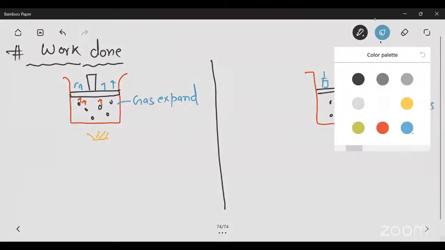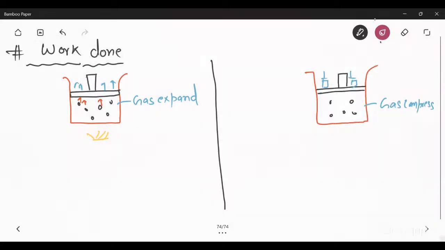So what happened in the first case? Suppose the piston comes here after expanding the gas. Initially their volume is here, and finally they have volume here. So what will happen?